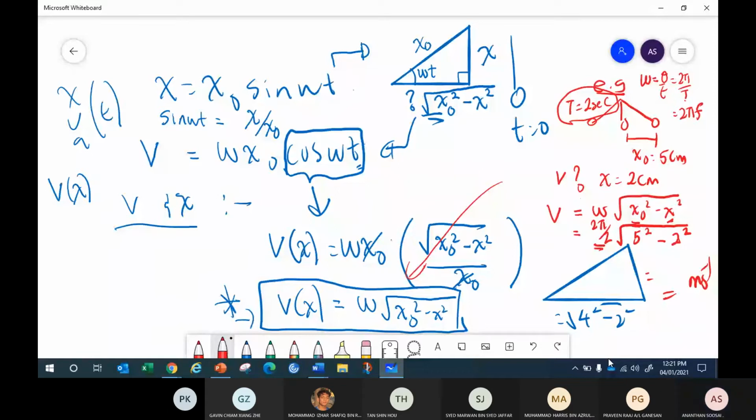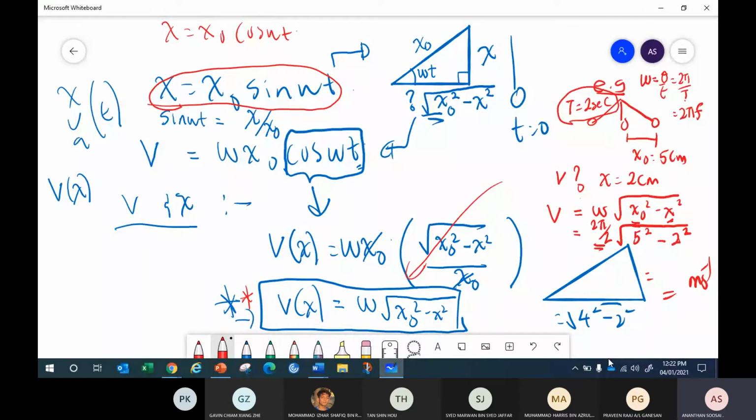Okay, now this formula was derived by using the first version, x equals x naught sine omega t. If I use the second version, x equals x naught cos omega t, the triangle is going to be different.